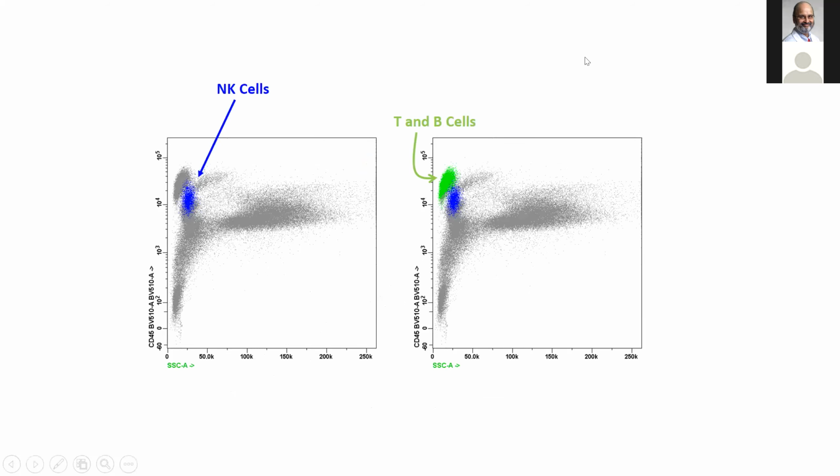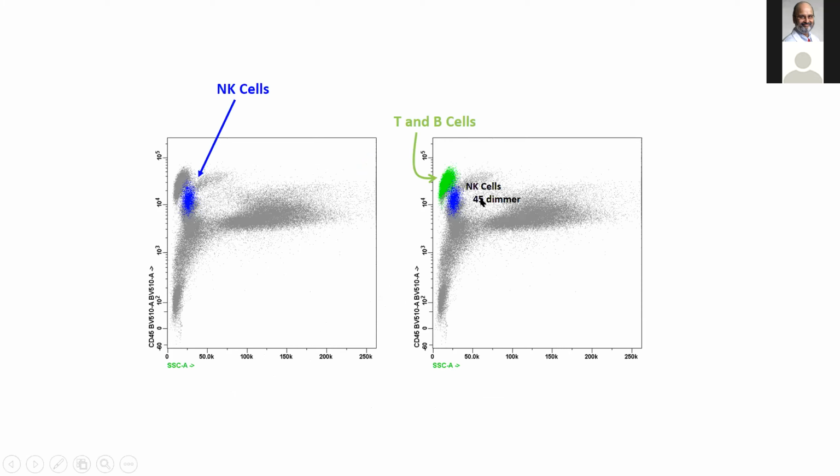If you color the T lymphocytes and the B lymphocytes in green, you can see that the NK cells in general have dimmer expression of CD45 and slightly increased side scatter than the other lymphocytes. And again, you can see the remainder of the cell populations in a bone marrow and where the NK cells sit in relation to those cells.